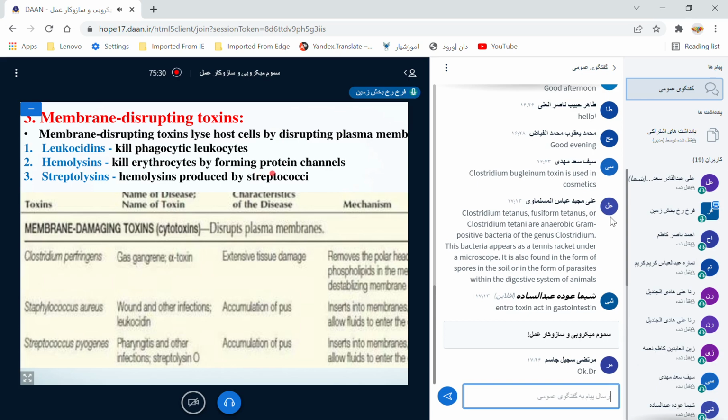By forming protein channels, so many materials go inside and outside, and the cell will be killed. Streptolysin: hemolysins produced by streptococci.